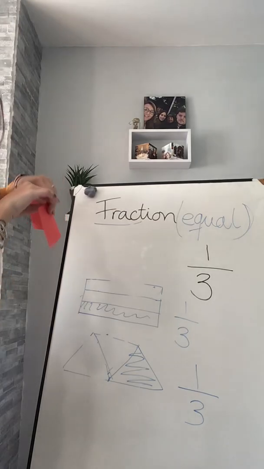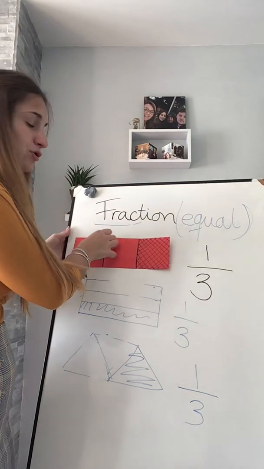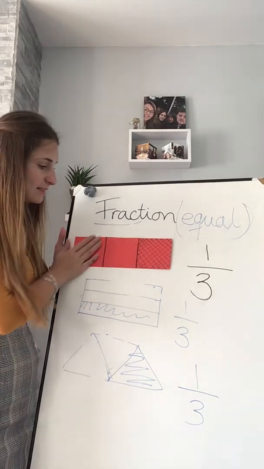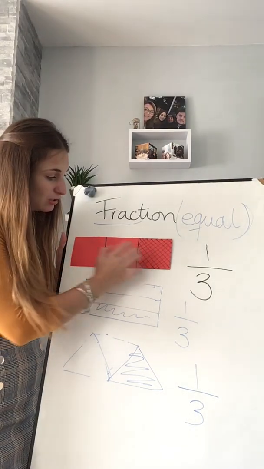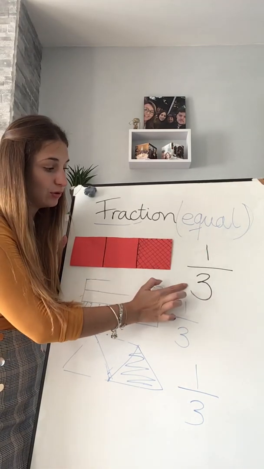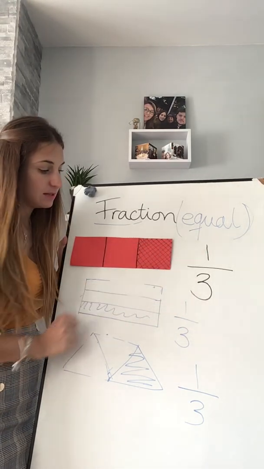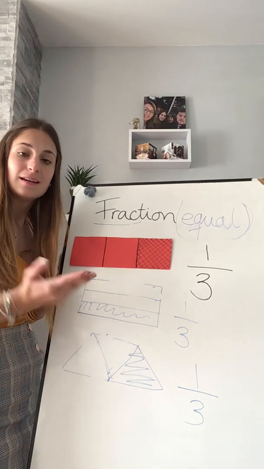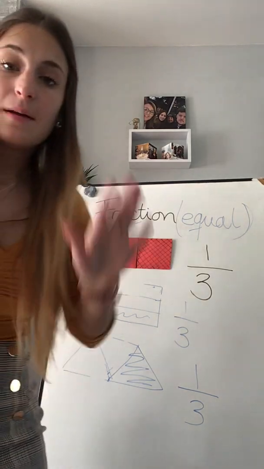So that's going to be your work today. You are going to need to recognize some shapes, break them into 3 to make a fraction as a third, and then shade 1/3 of it. Okay, that's it. Have a go. Bye.